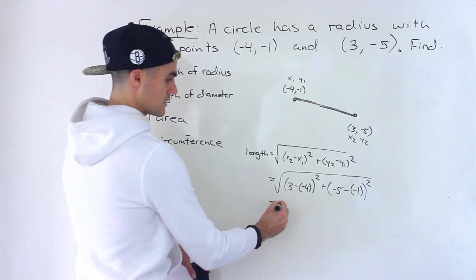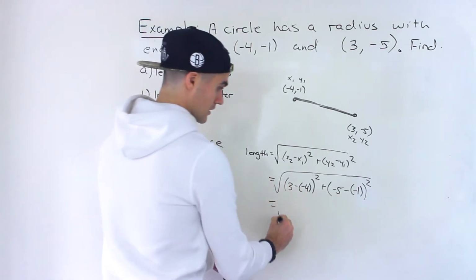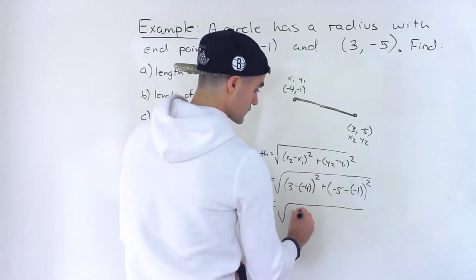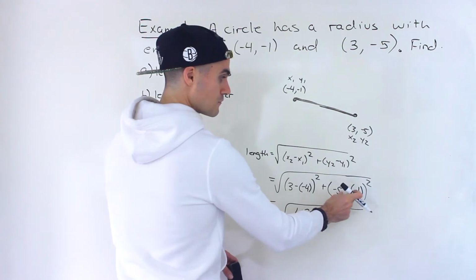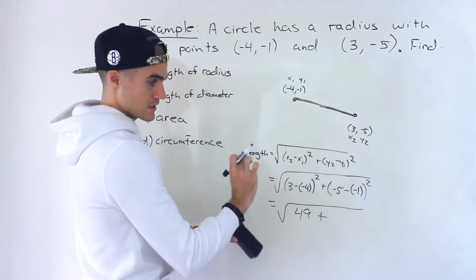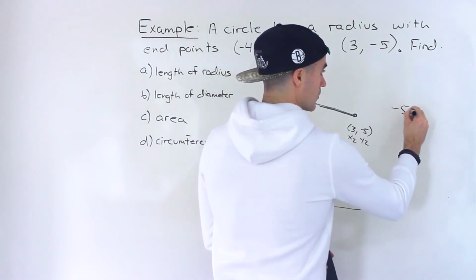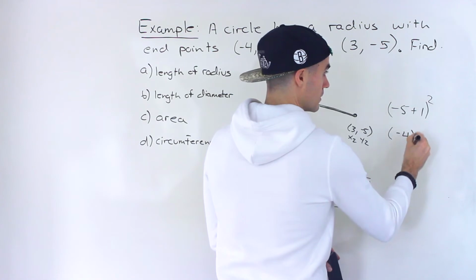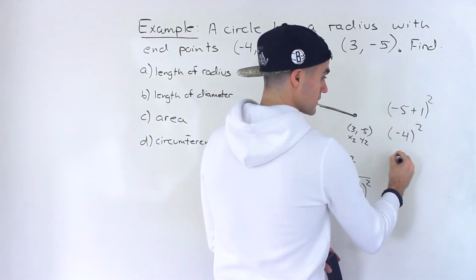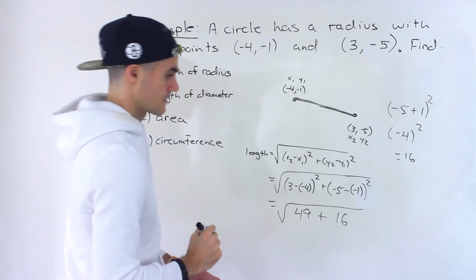So notice this would end up being what? 3 plus 4, which would be 7. And then 7 to the power 2 would give us 49. And then this here would be -5 plus 1, right? Because the negative turns into a positive. -5 plus 1, and then we're going to square that. So that's going to be -4 squared. -4 to the power 2 gives us positive 16, right?